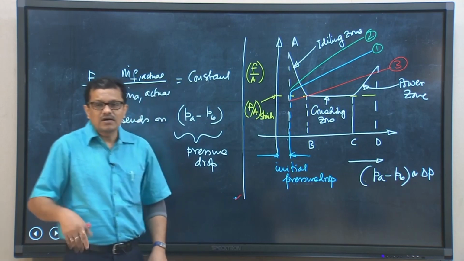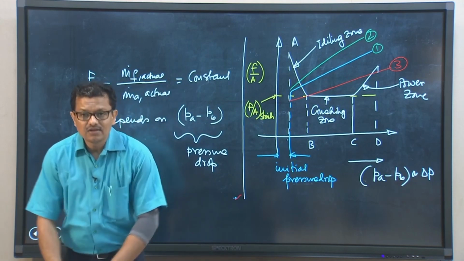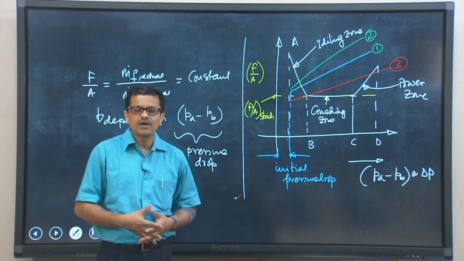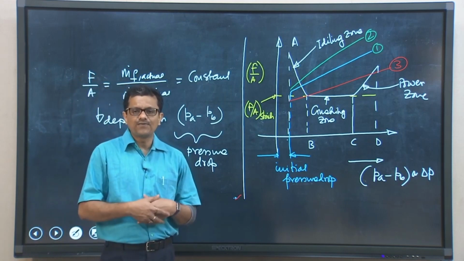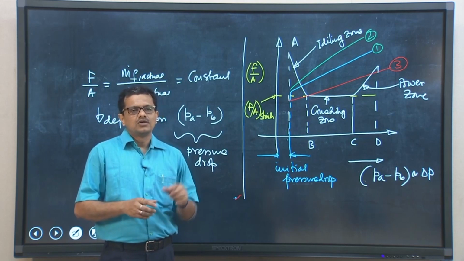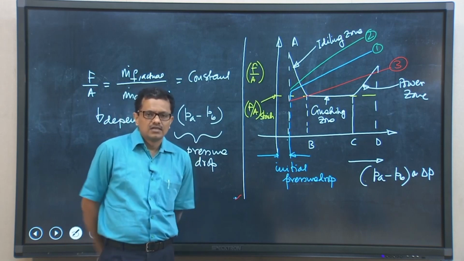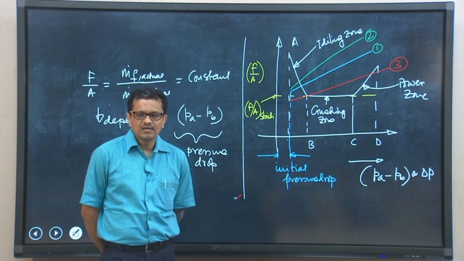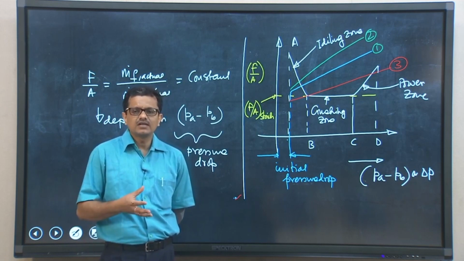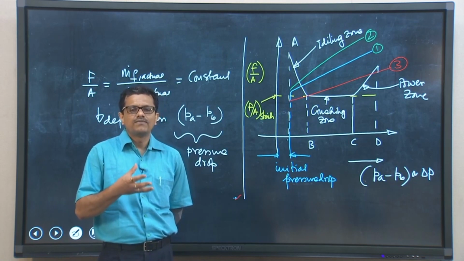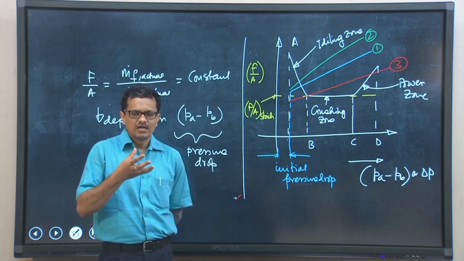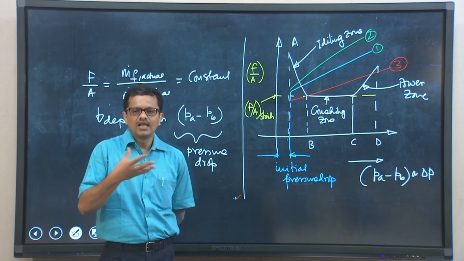So, if we try to summarize in today's class, we have tried to discuss the mass flow rate of fuel in a simple float type carburetor, and then we have discussed the factors which are responsible for the deviation of the flow from the ideal one.